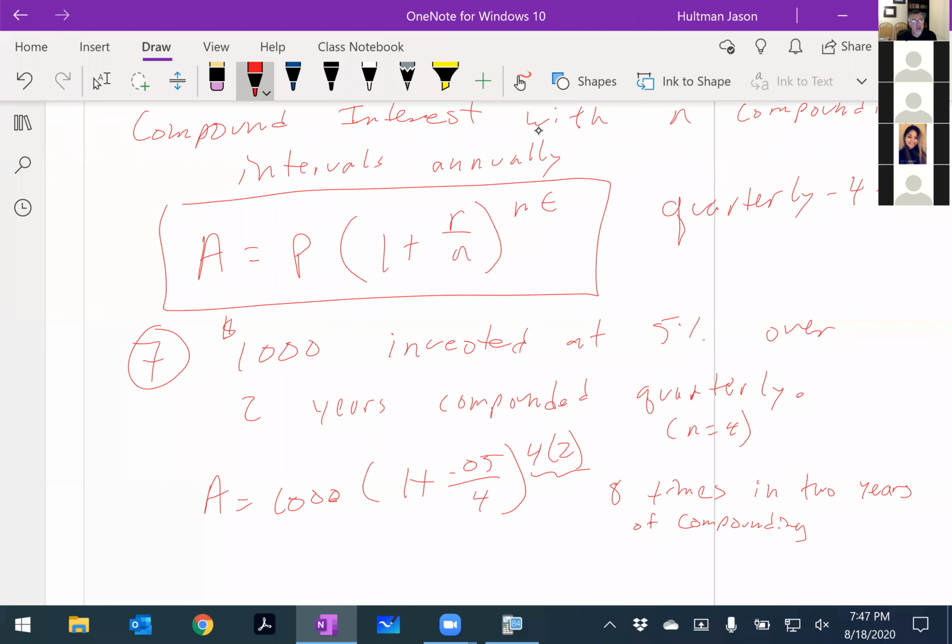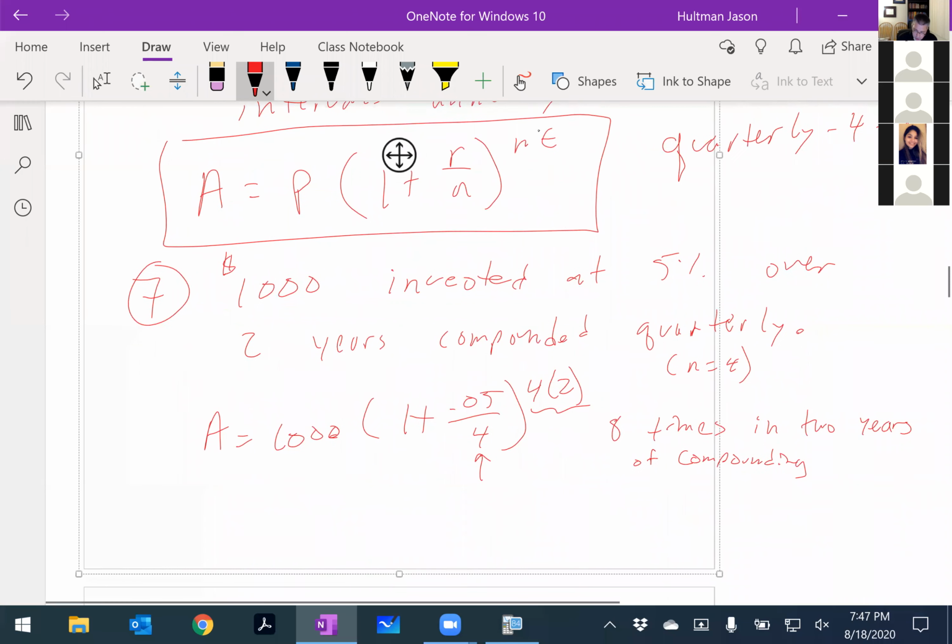Okay, and my rate that I'm using, my nominal rate, or the rate at which I'm compounding, is really not 0.05. It's 0.0125.